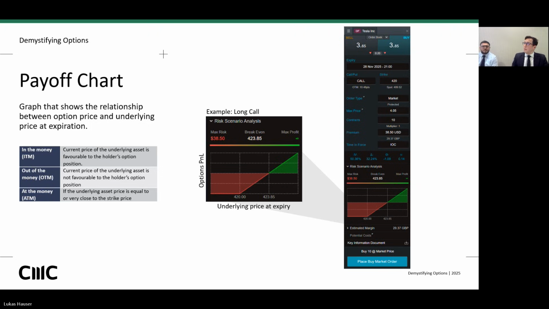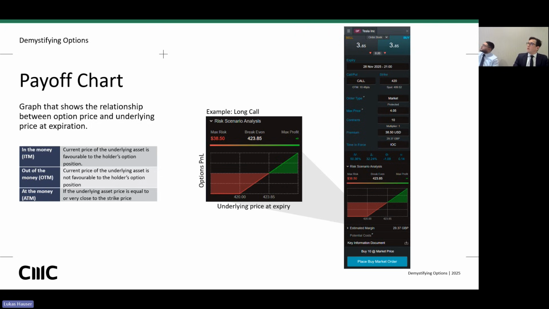423.85. The break-even price shows us how far the underlying price needs to increase until we break even on the position and stop losing money. This is calculated by adding the premium amount to the strike price. The premium amount is calculated by multiplying the number of units, which we see here, by the buy price, here 385.